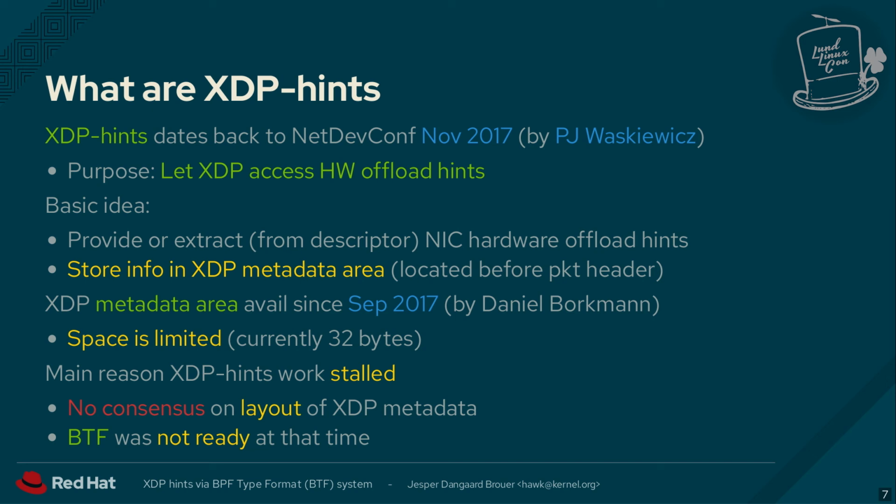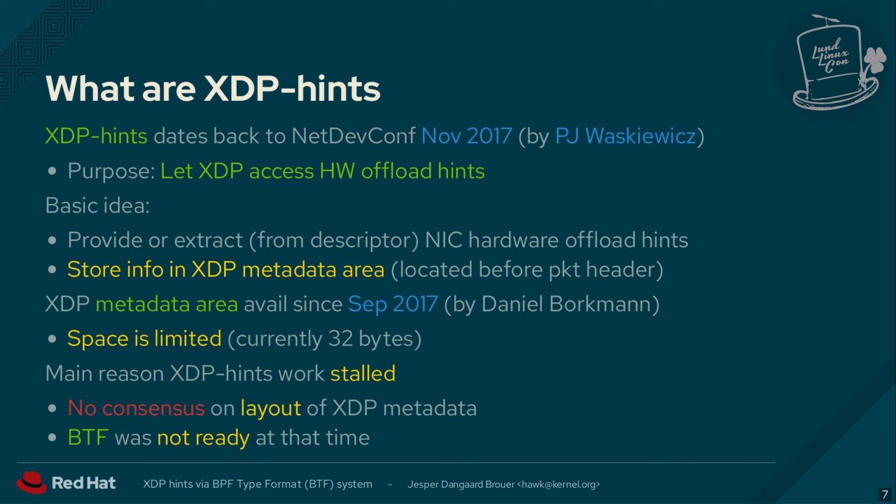So what are these XDP hints that this talk is circling about? I cannot claim I invented that, because it dates back to 2017, where Intel presented this idea to let XDP have access to these hardware offload hints.